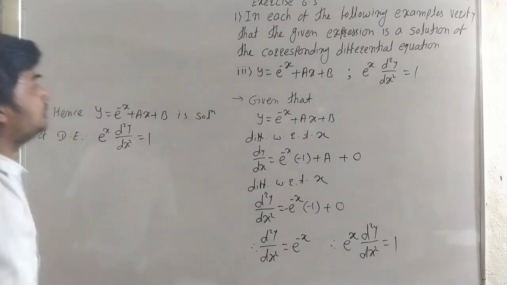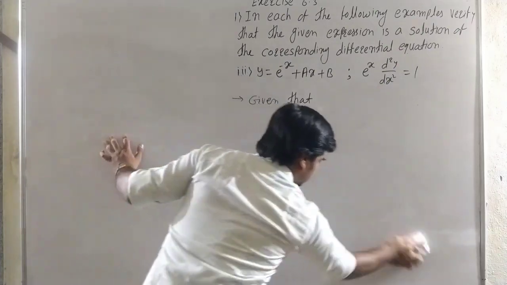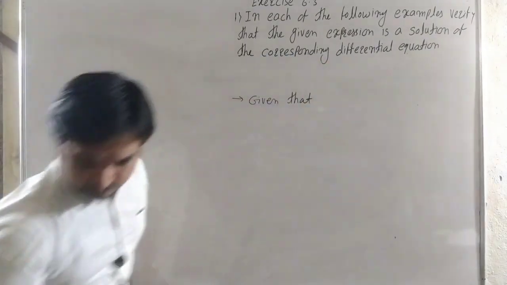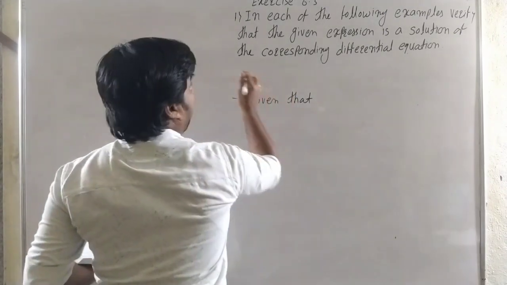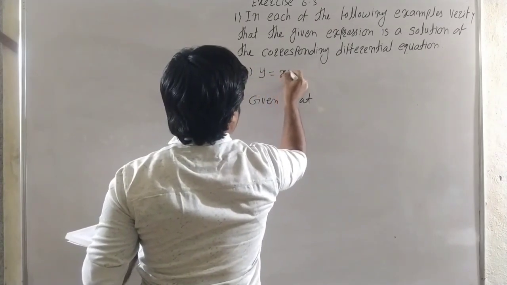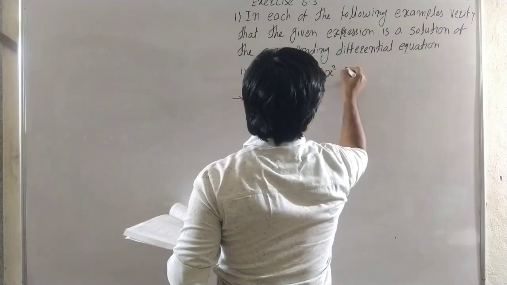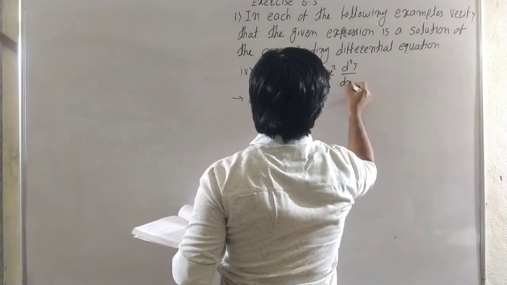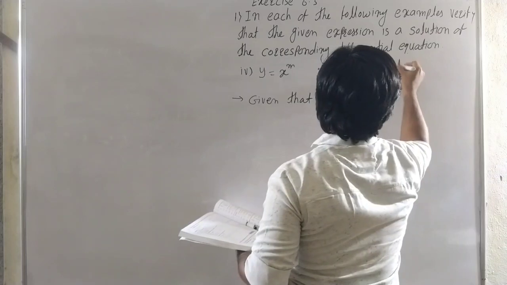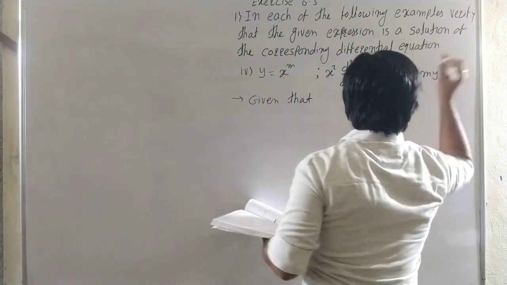Now the fourth example. Example number 4. y is equal to x to the power m, and the corresponding differential equation is x square d2y by dx2 minus mx dy by dx plus my equal to 0.